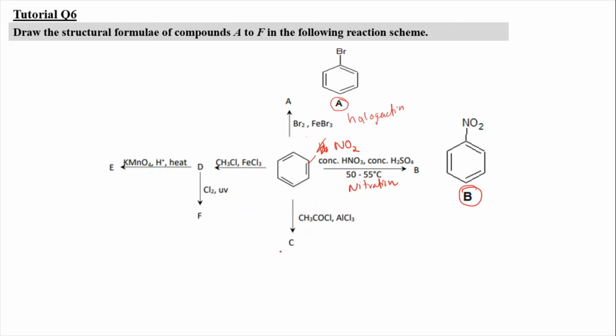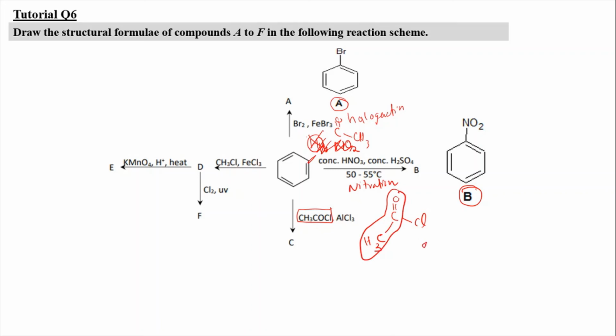Okay, for C, this structure here refers to the acyl chloride, CH3. Okay, so what we're going to do is replace one hydrogen of the benzene ring. Kita gantikan dia dengan C double bond O, CH3. So we're going to enter this side only.